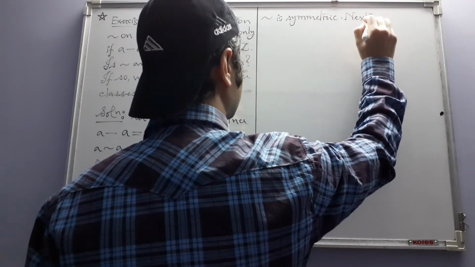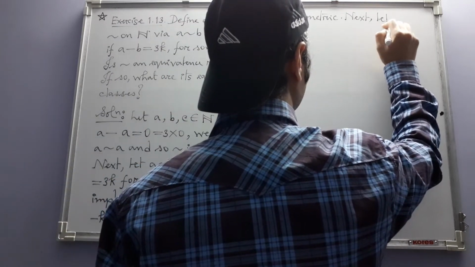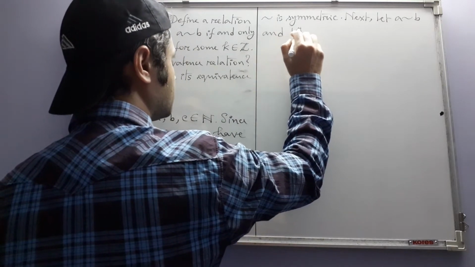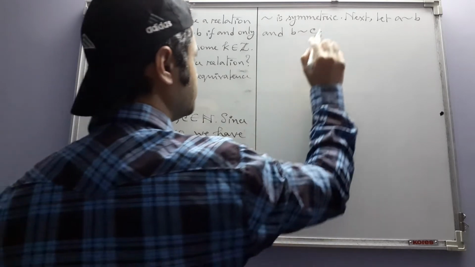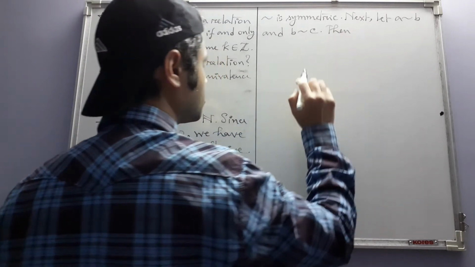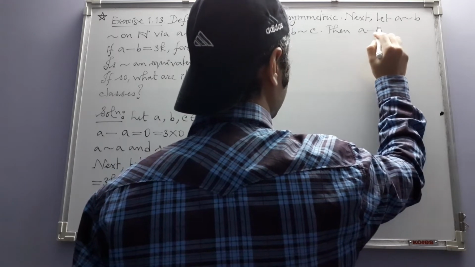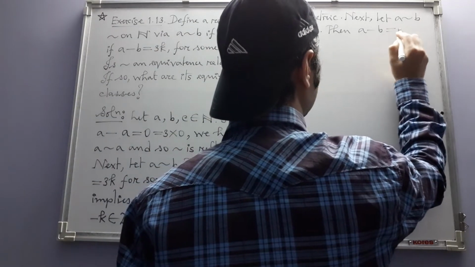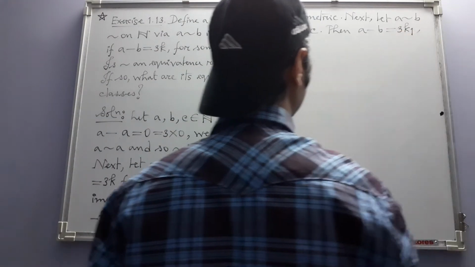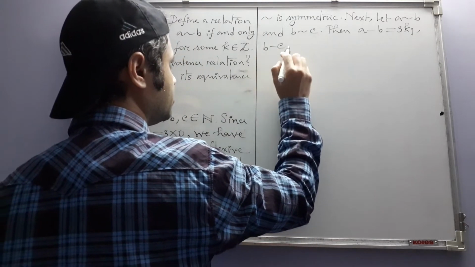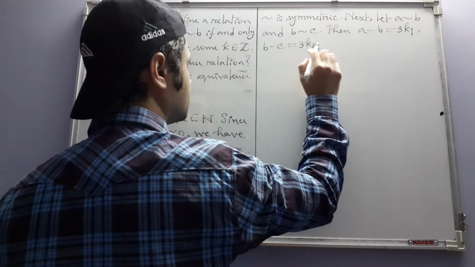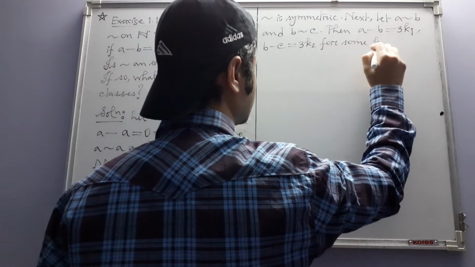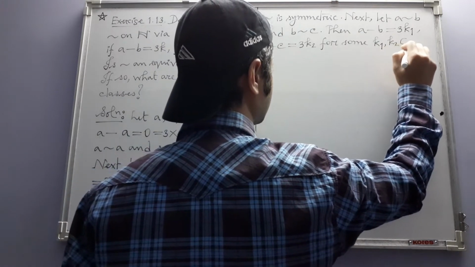Next, let a be related to b and b be related to c. Then first of all, a minus b is 3k1 and b minus c is 3k2 for some integers k1 and k2.